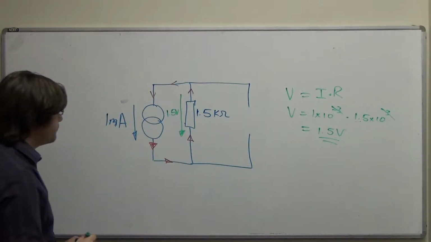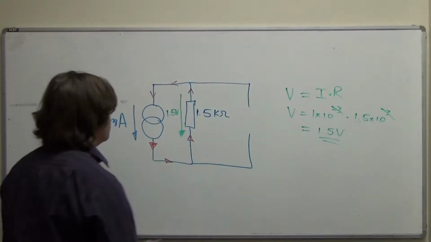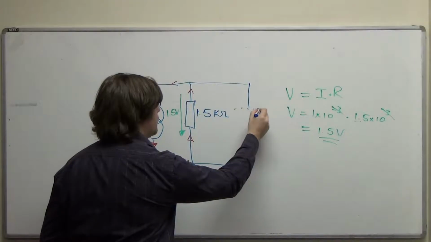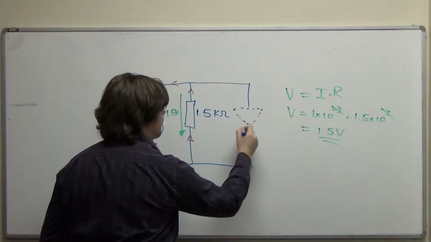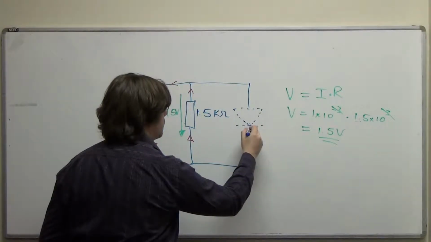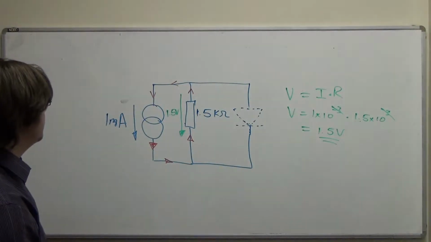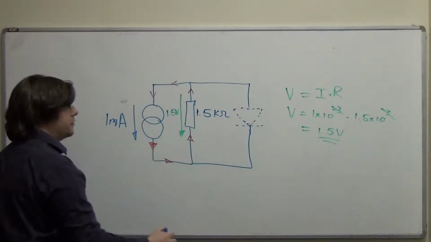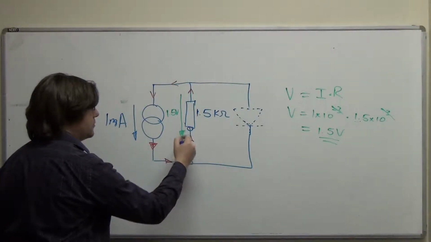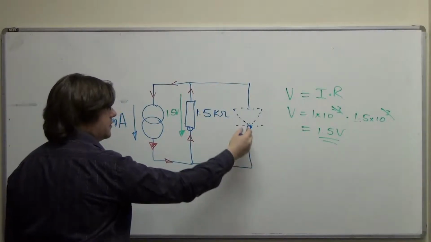Okay, well, if we remember which way our diode was, it was this way. So if I did put that diode in the circuit, because the diode and the resistor are in parallel, whatever voltage I've got just here, I'm going to have it here as well, because this is one conducting pathway.